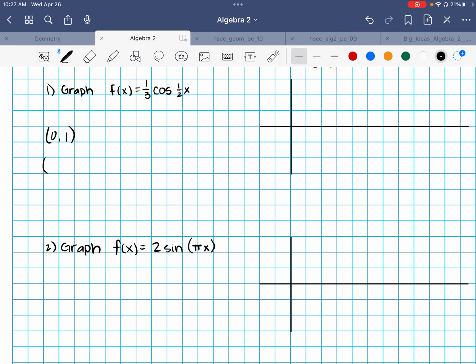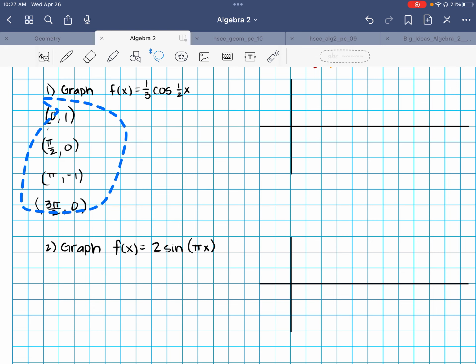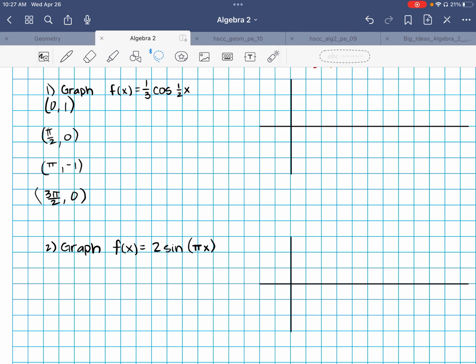So I'm just going to write down the points here. 0, comma 1, pi over 2, comma 0, pi, comma -1, 3 pi over 2, comma 0. Oh, ran out of space. Let's take this guy here, move it up. And 2 pi, comma 1.